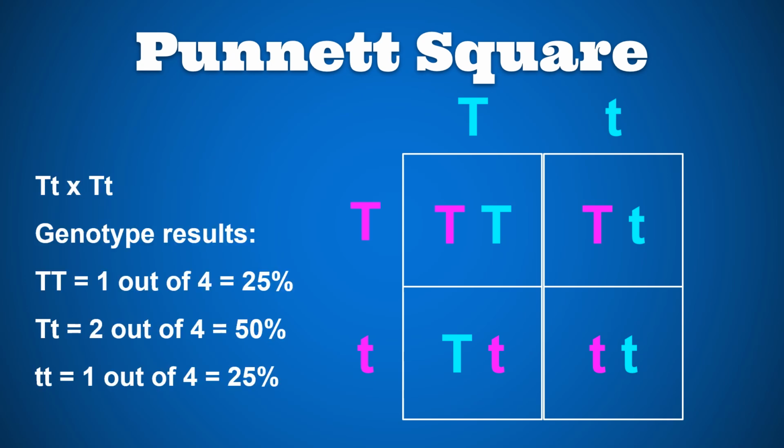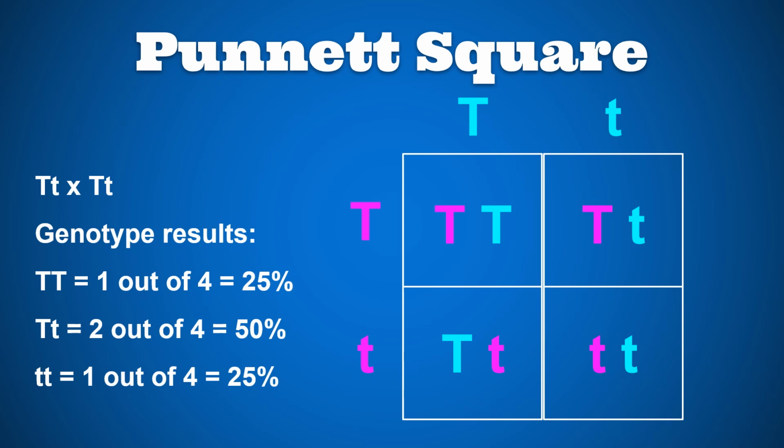So now we analyze the results. For the genotypes, there is a 1 out of 4 or 25% chance that the offspring will be two capital T's. There is a 2 out of 4 or 50% chance that the offspring will be a capital T and a lowercase t.